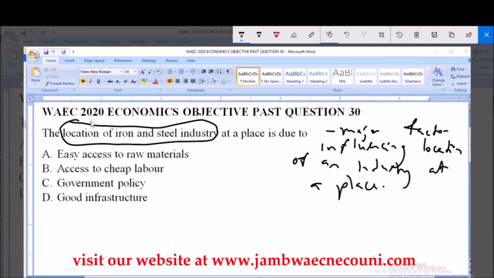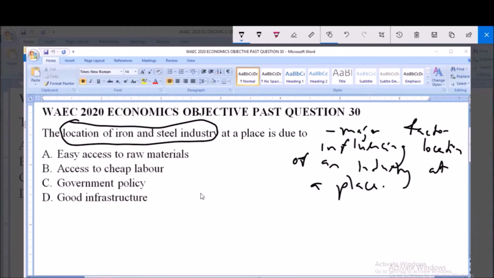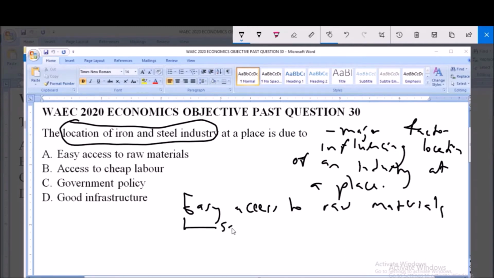From the options given to us, the most important factor that influences the location of an industry in a place is easy access to raw materials. Let's analyze it. Easy access to raw materials saves the cost of transportation of raw materials.